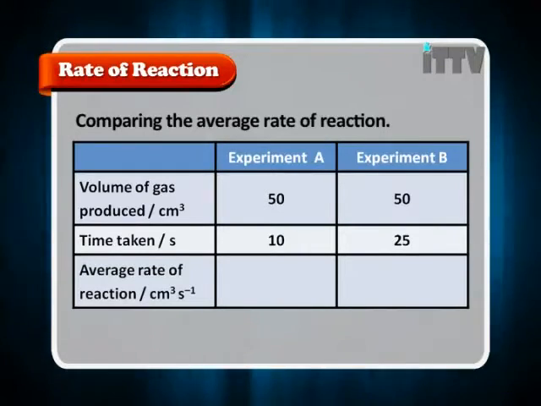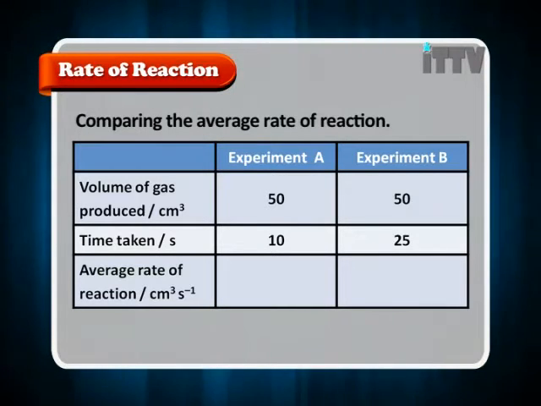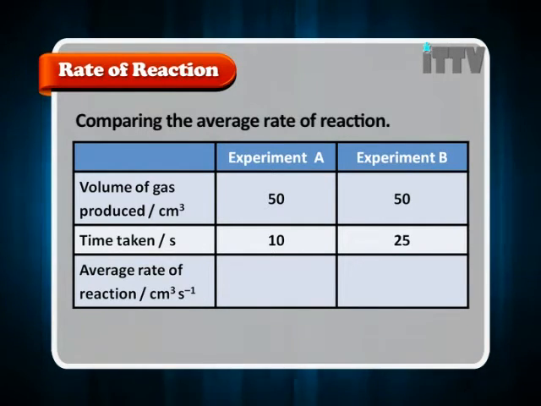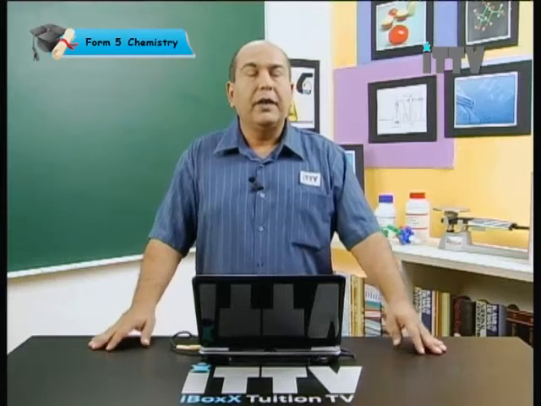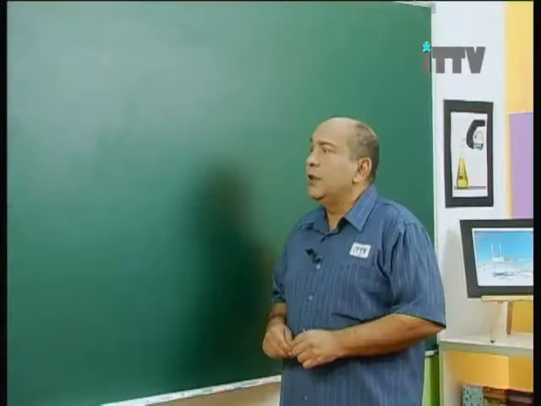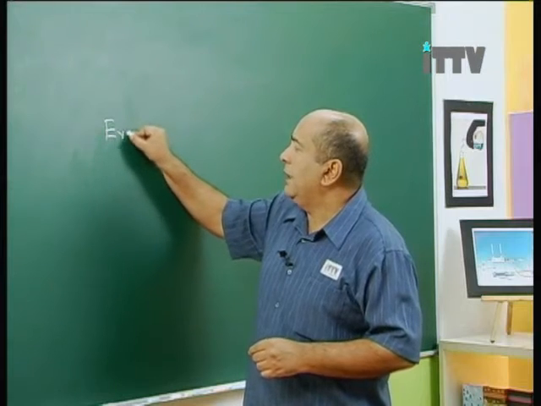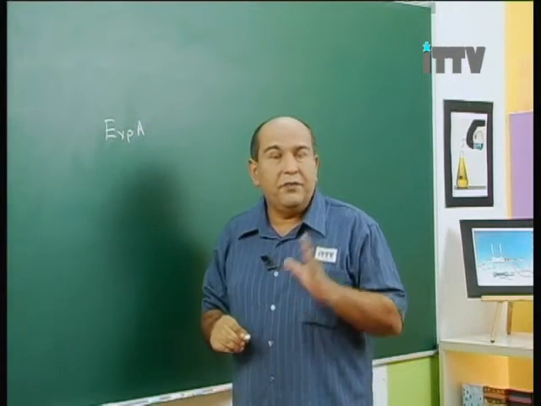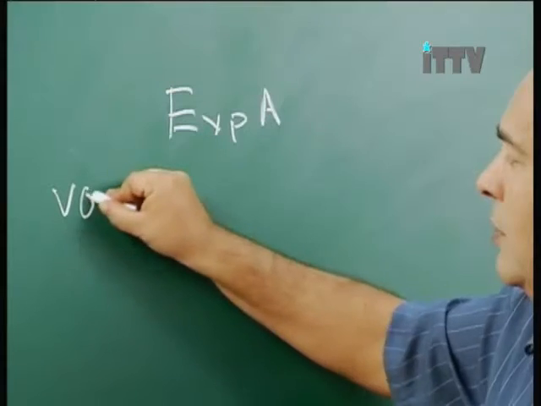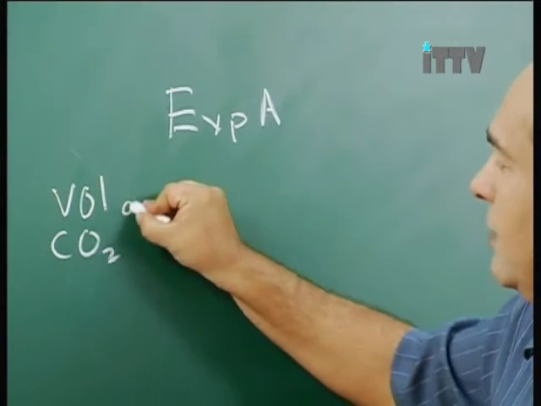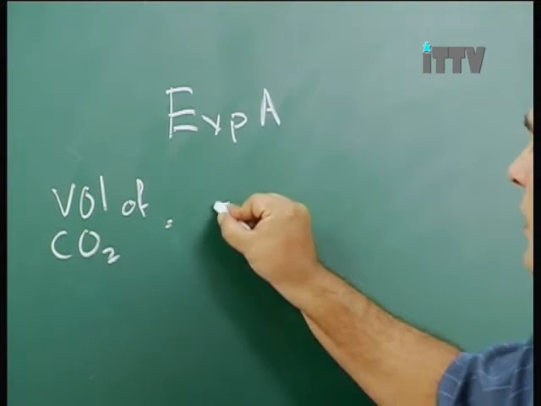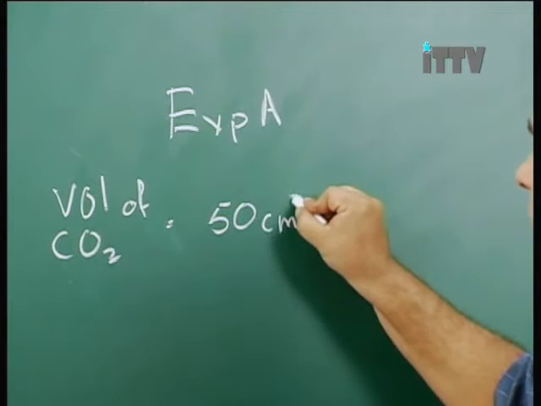Our tabulation data will look something like this. For experiment A, the volume of gas produced was 50 cm³. The time taken to collect 50 cm³ is 10 seconds. So, if we jump up to the board and quickly note this down for experiment A. In experiment A, we collected 50 cm³, so the volume of carbon dioxide was 50 cm³.